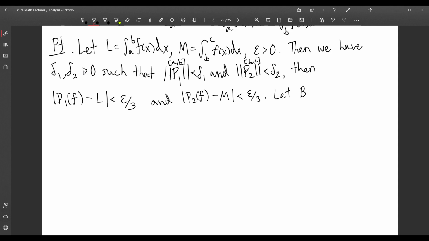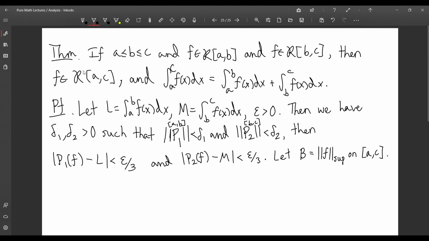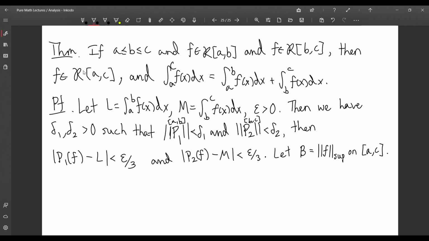So what we're going to do here is let B be the sup norm of F on AC. First we have to check that this exists. We can recall that the sup norm exists if and only if F is bounded on AC. Well, we know F is bounded on AB and on BC, and therefore it's bounded on AC.